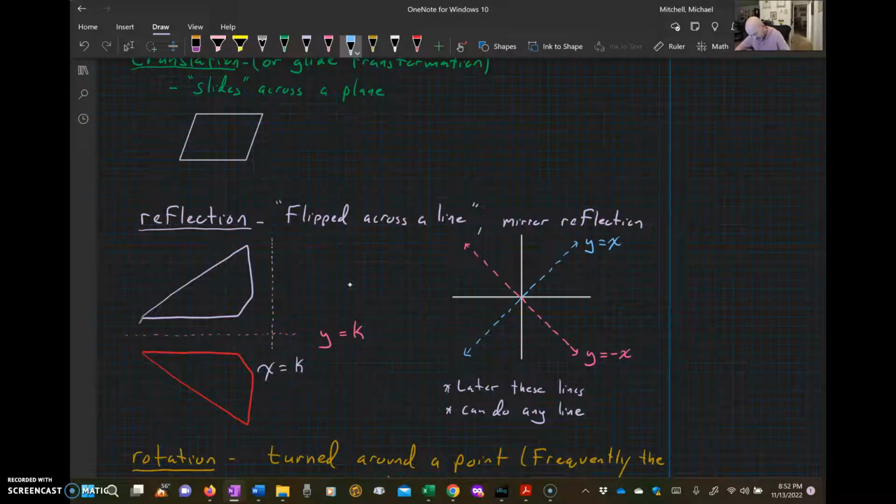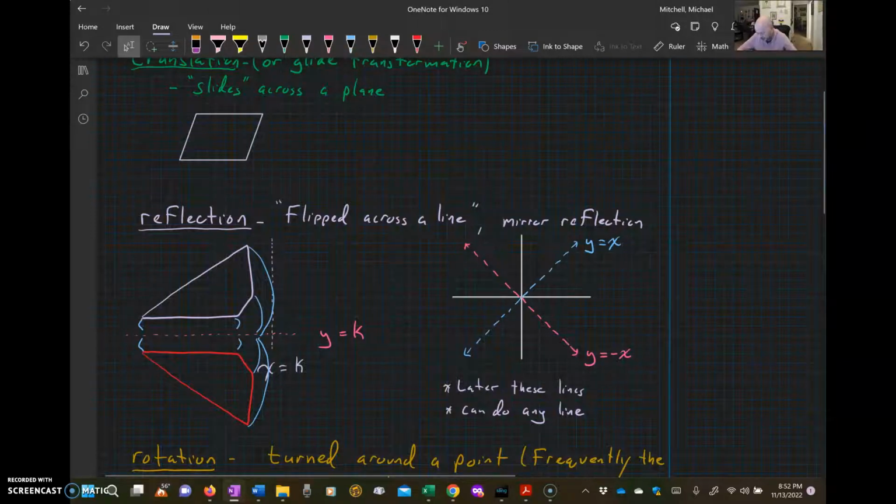You'll notice these points are equidistant from that line. These points, the vertices, I should say, and the line are equidistant. That's one of the trademarks of a reflection.